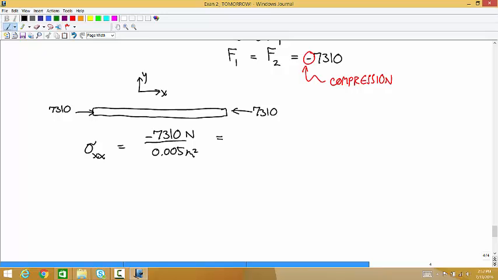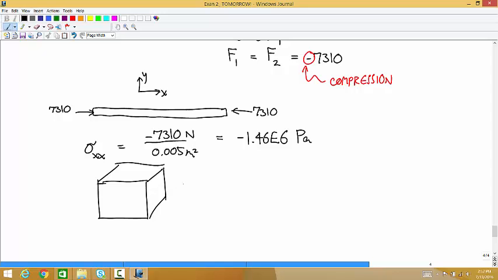What do you get if you divide 7310 by 0.005? 1.46 e to the 6. Okay, 1.46 times 10 to the 6 pascals. That'd be a negative. Negative, yep, you're right.